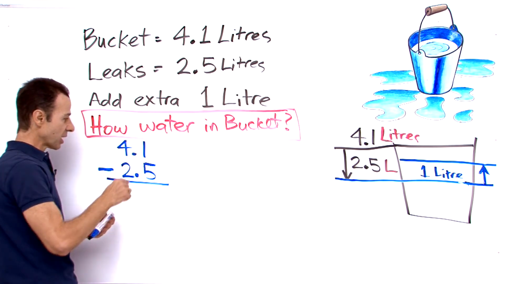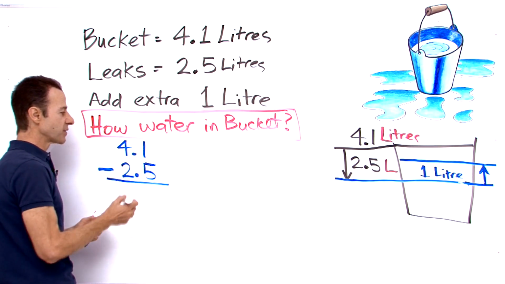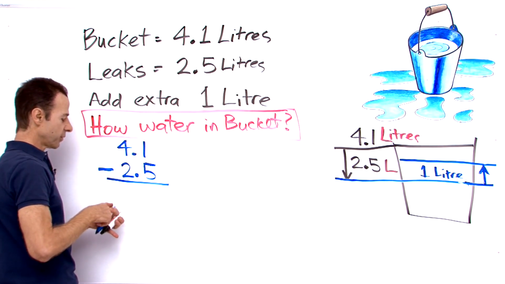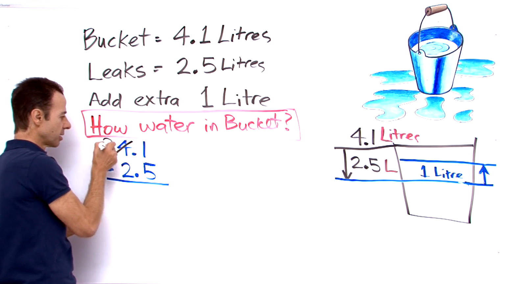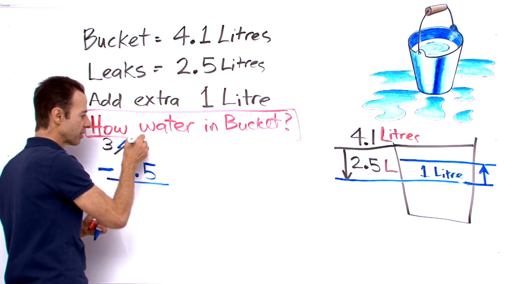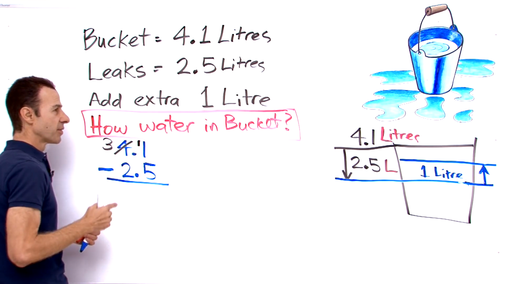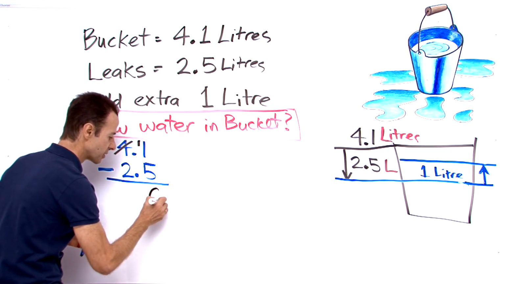So let's see how we're going to subtract this. 1 take away 5. We can't do that because 1 is smaller than 5, so we're going to have to borrow. I'm going to borrow 1 from the 4. That turns into a 3, and that 1 we just borrowed, we add there. So now that becomes 11. 11 take away 5 is 6.